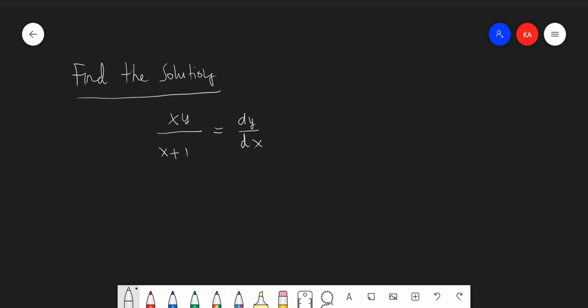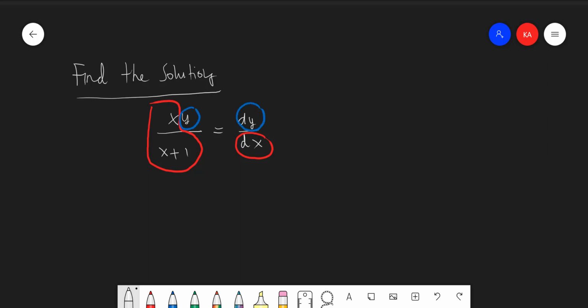So how do we find this? We have to make a separation. We can see that this is x, and this also x, and this is y, and this is y.